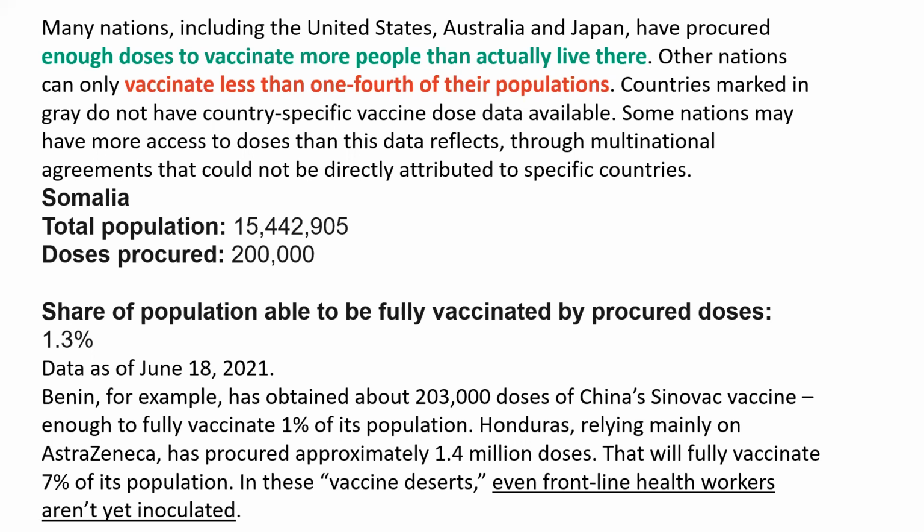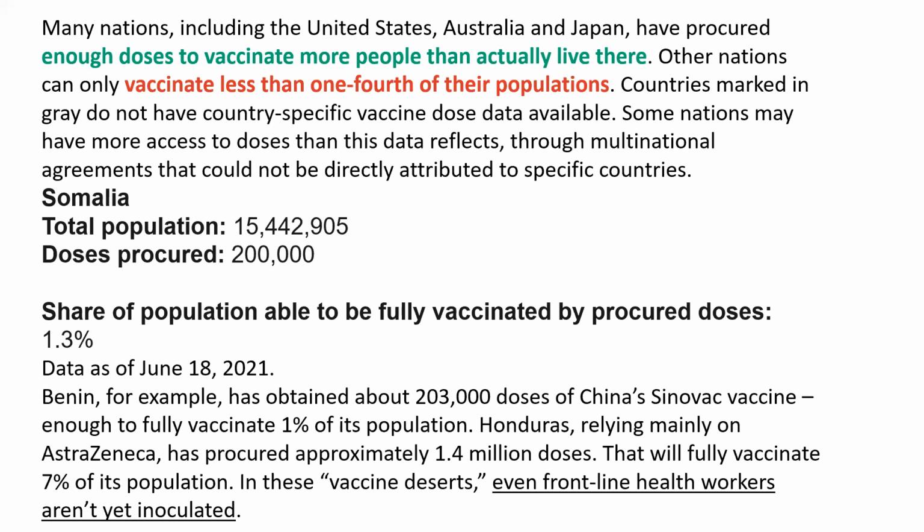So you see this throughout the world, where you may be able to get control of the pandemic in your more industrial nations, but to try to get control of the pandemic globally is almost impossible, if ever achievable.